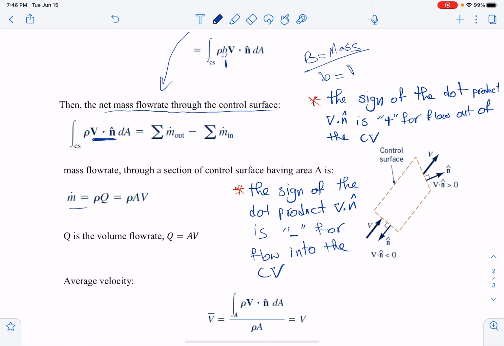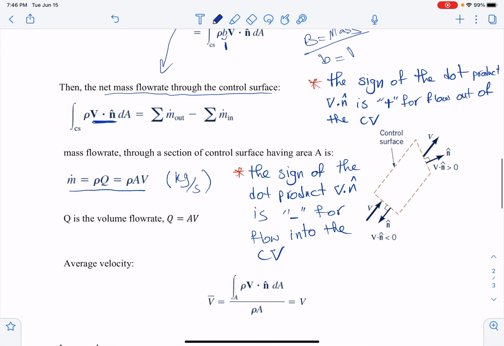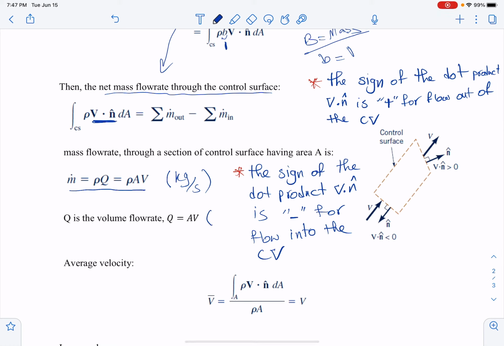And this formula right here is the mass flow rate that goes through a section of control surface that has an area of A, and the unit is going to be kilogram per second. Then Q is the volume flow rate, which is equal to A times V, and the unit is going to be cubic meters per second.